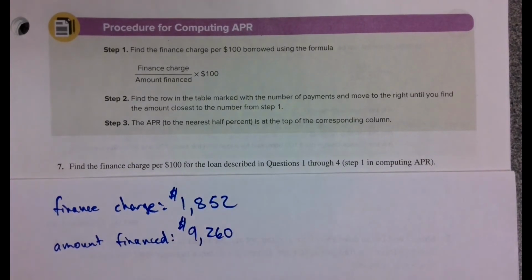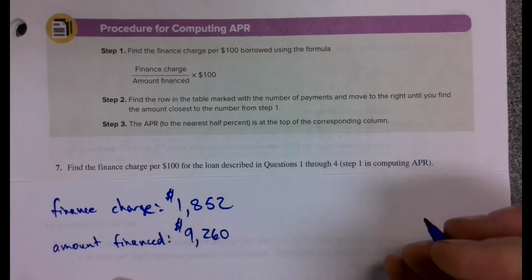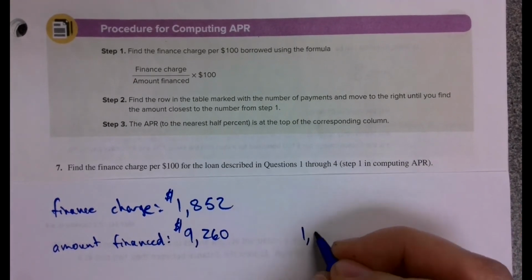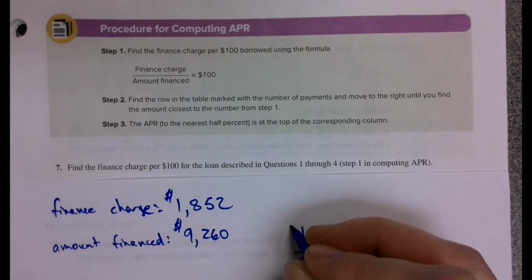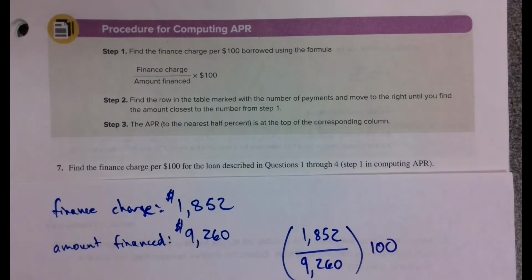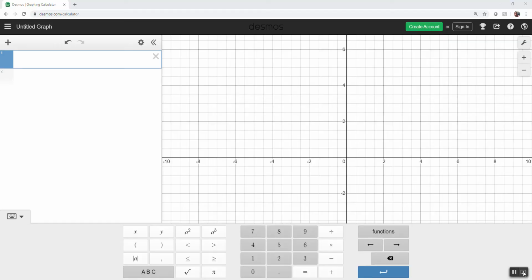So if we're going to find the cost per $100, we simply divide these two values and multiply by $100. So we do 1,852 divided by 9,260 and then multiply that whole thing by 100. So let's switch to Desmos and do that calculation. Here's the 1,852 divided by 9,260.